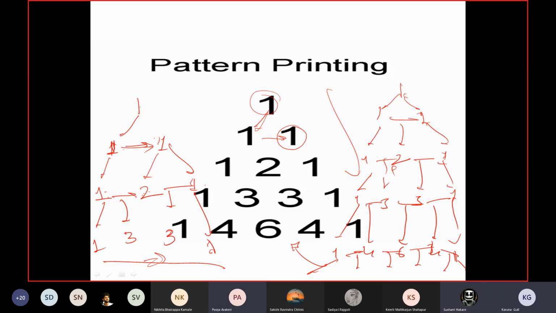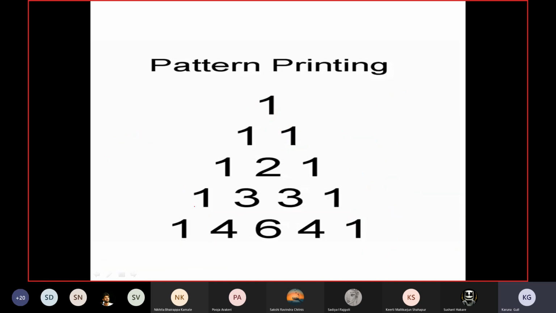Yes, ma'am. Okay. Actually, what are these things? These are nothing but the binomial coefficients, right? So what is the value that I'm going to take for this?